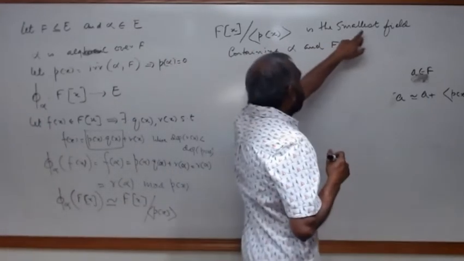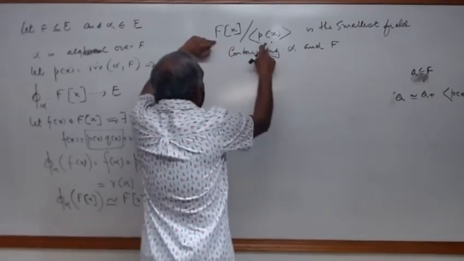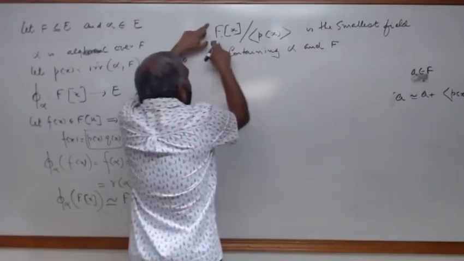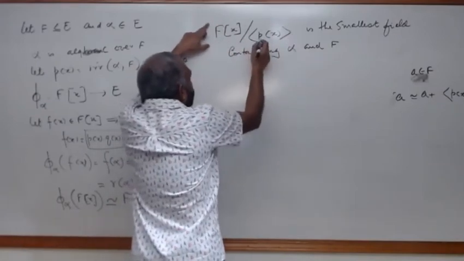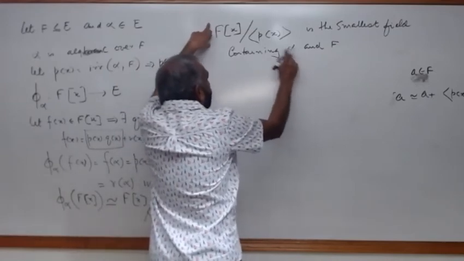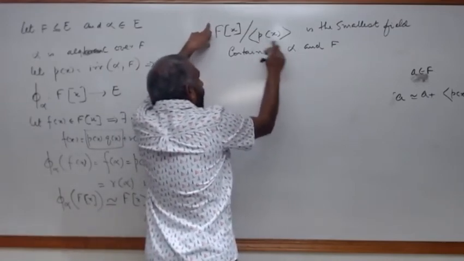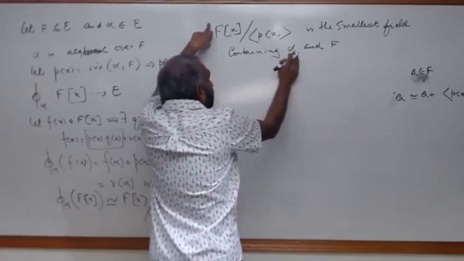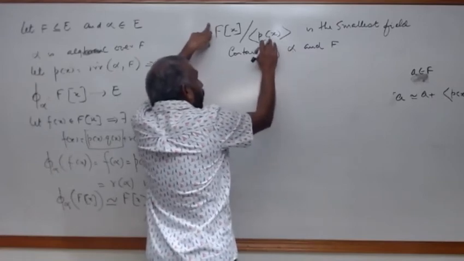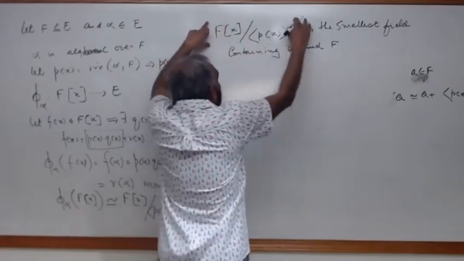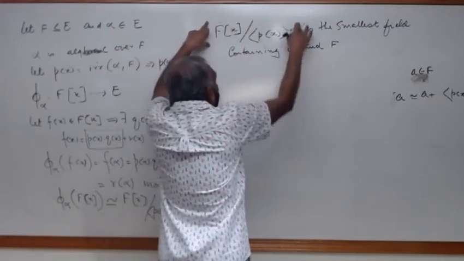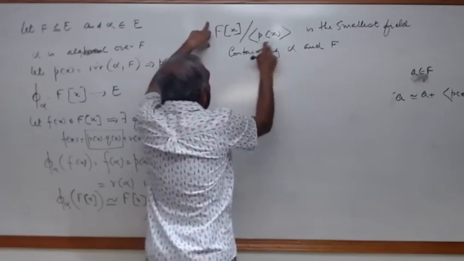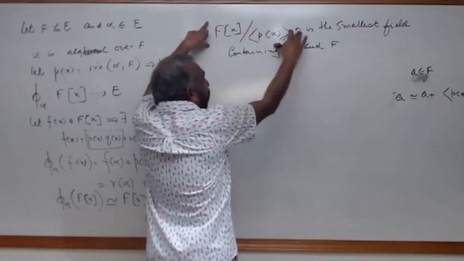Why is it the smallest one? Because if you take any other smaller field than this, then this will not become a field. Let us assume that alpha is a root of P of x, a 0 of the irreducible polynomial. If you want to make this a smaller one, then we need to take the multiples of this, otherwise it will be bigger.